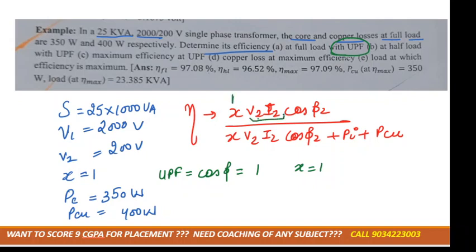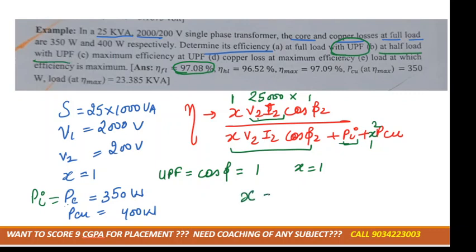V2 I2 they have given you directly in the form of power, that is 25,000. Cos phi is also 1. We can mention the same values. Pi is given, so we should mention x square PCU also. X is again 1. Pi we know, Pi is equal to PC only, right? So after calculating the values, we'll get the efficiency approximately 97.08%.